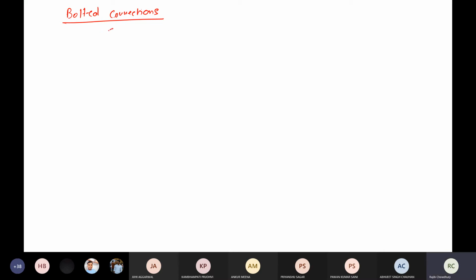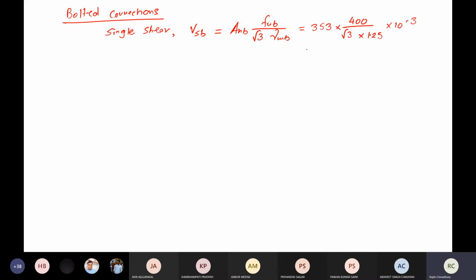So single shear VSB, the design shear strength of the bolt, ANB, same formula, times FUB divided by square root of 3 times gamma MB. 353, already this has been calculated. 400 divided by square root of 3 times 1.25, times 10 to the power minus 3. So this is becoming 65.21 kilonewton.